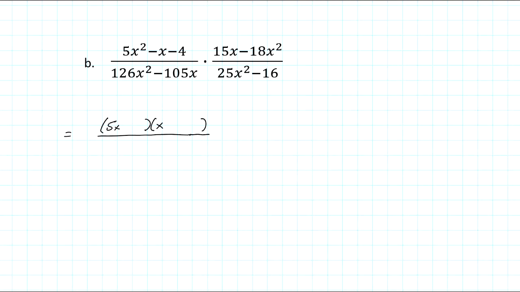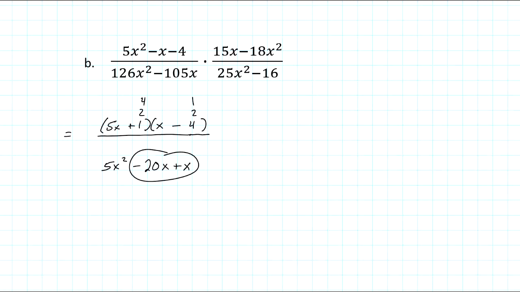So I can either do a 1 and a 4, or I could do a 2 and a 2, or I could do a 4 and a 1. So those are our options. And let's just see if we did, we need a negative and a positive. Say I did a negative and a positive here, we'd get 5x squared minus 20x plus x.